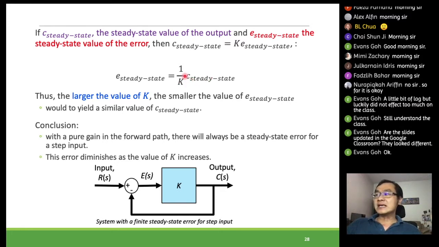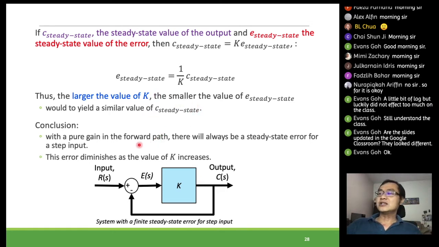Meaning to say here, 1 over k, if we continuously increase the gain, the k value, we intend to control the error. So this error will become smaller and smaller, and at one time you can say it is negligible. So by increasing the gain, by increasing the k value, we can minimize the steady state error, right?